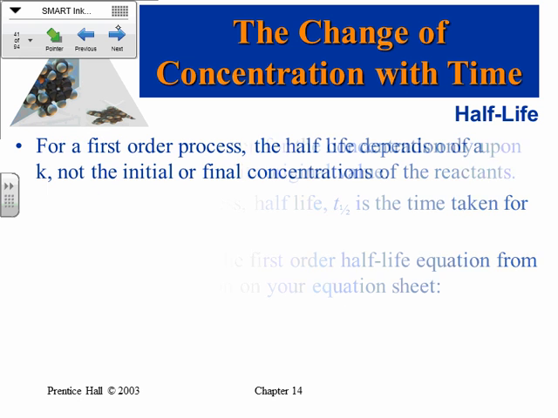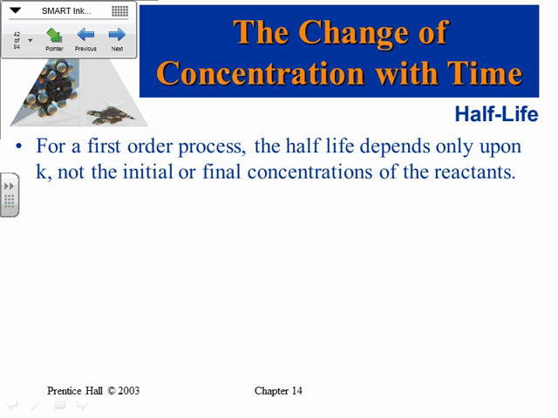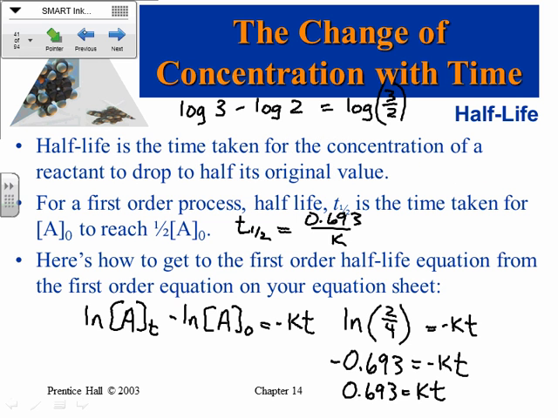All right. So for a first-order process, notice the half-life only depends on K. Because notice when we finally rewrite this equation right here, the only thing that makes a difference is this K right here. We got rid of all of our concentrations. So that's why for the half-life of uranium, if it's 1 billion years, then it takes 1 billion years for that uranium to decay from 100 grams to 50 grams.